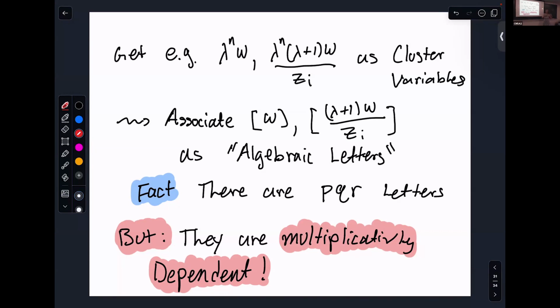Like as we saw, some exchange relations will just be a product of something divided by something else. So I can go through and calculate what all of these things are, but when I consider them up to how many are a multiplicatively independent basis, there's a lot less.